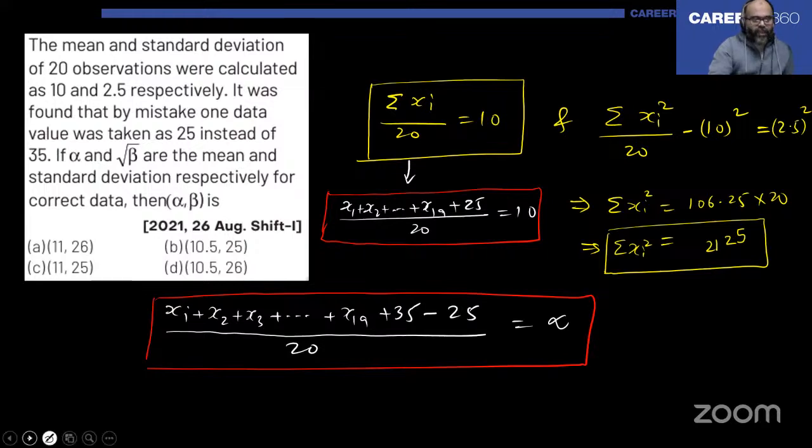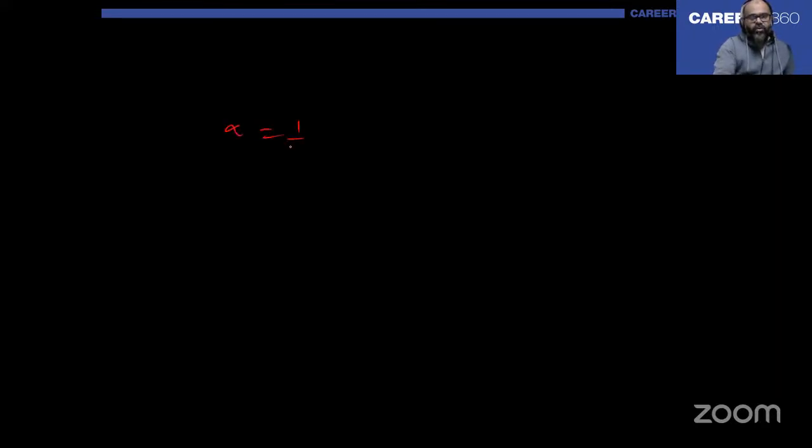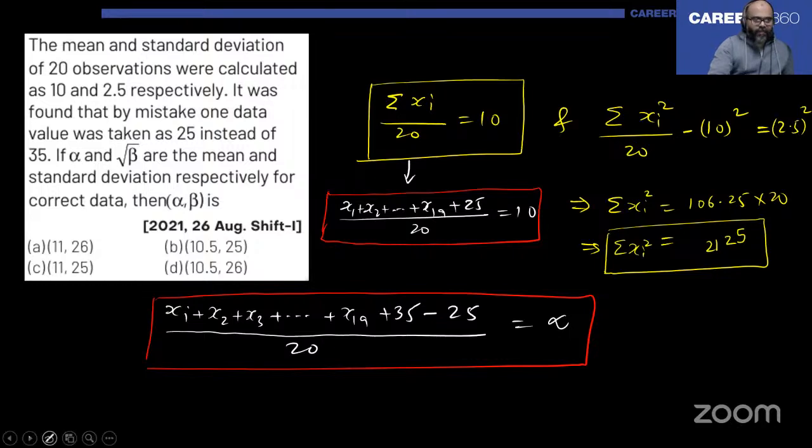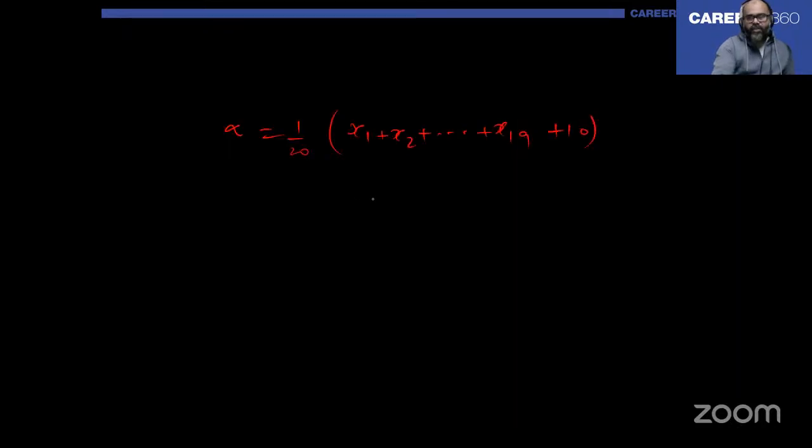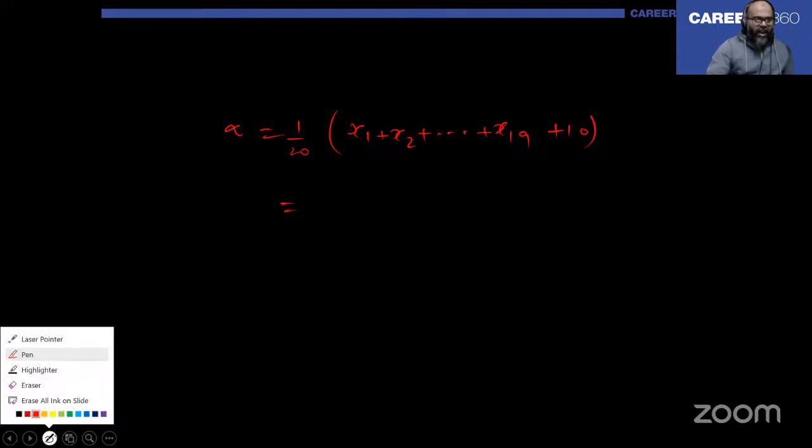Alpha is equal to 1 by 20 of x1 till x19 plus 10, since 35 minus 25 is plus 10.